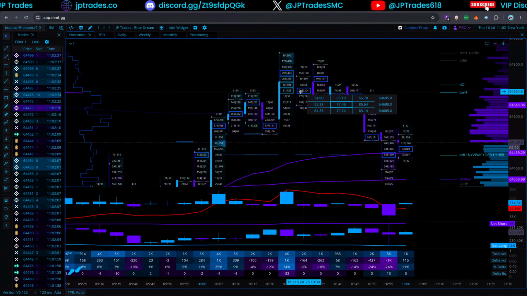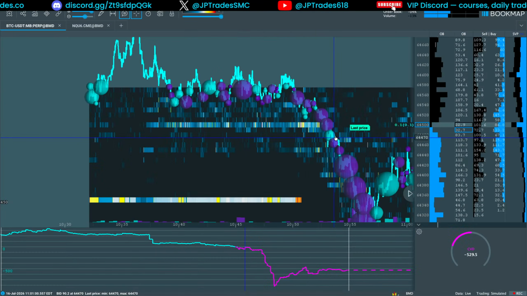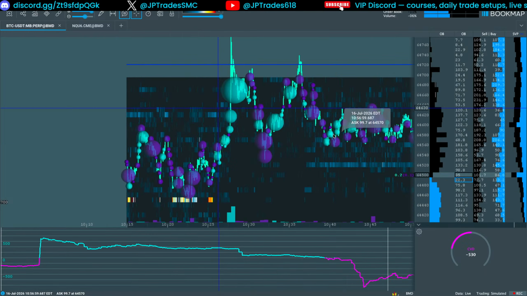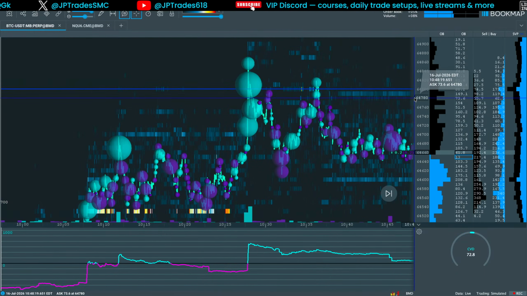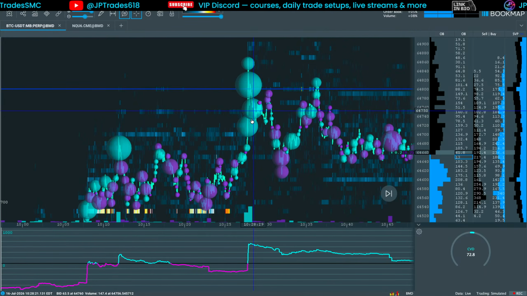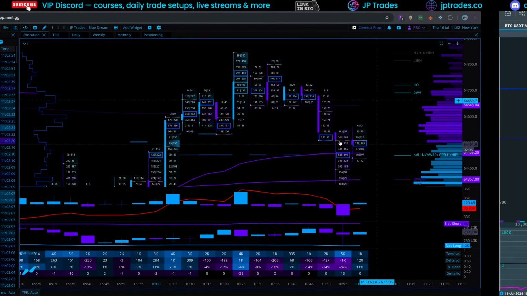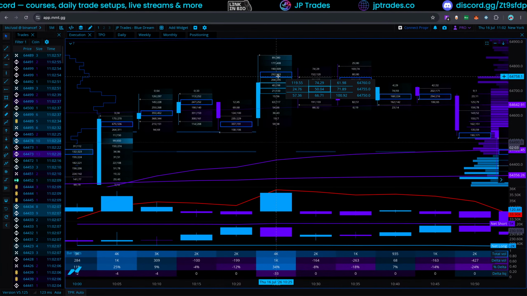Is that the right high? 1025. So this is that high right there. You have those stacked imbalances. So again, this is how you see those stacked imbalances on Bookmap, the same way you're seeing this right here.